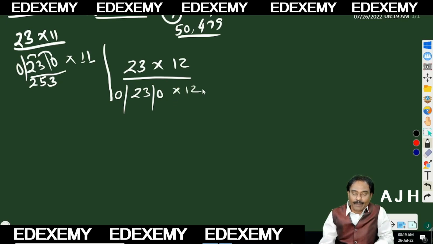Now, 12. Since 12 has a 2 in the unit position, and in the tens position we have 1. If it comes like this, what you have to do is multiply this 3 with 2 and this 0 with 1, inversely in the opposite direction.